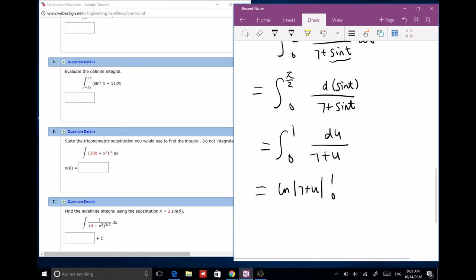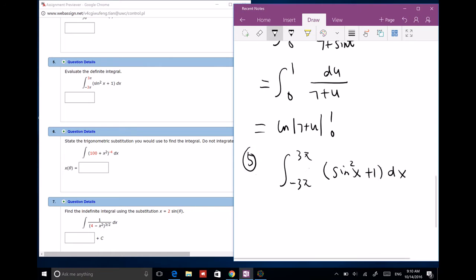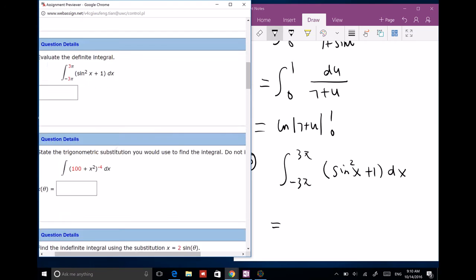Number 5. The integral from negative 3 pi to positive 3 pi of sine squared x plus 1 dx. So can you tell me how you do this one? If nobody tells me, I'm going to call a name randomly, because you all did this before.